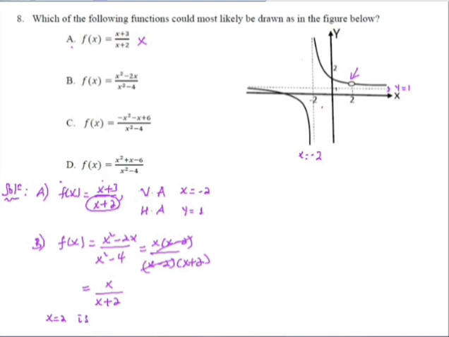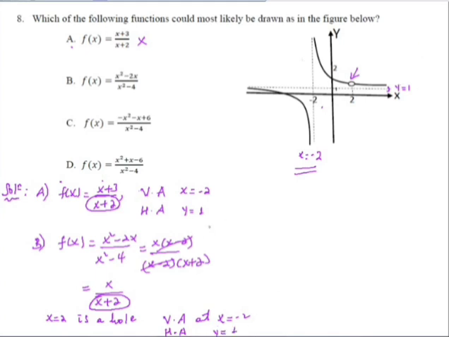X equals 2 is a hole for the function. And when you set the denominator to 0, the vertical asymptote is x equals minus 2. Still it looks right. And the other thing, dividing the leading coefficients of the numerator and the denominator, y equals 1 is the horizontal asymptote.